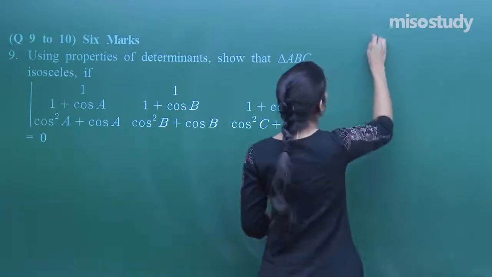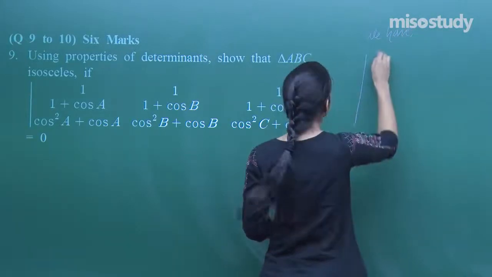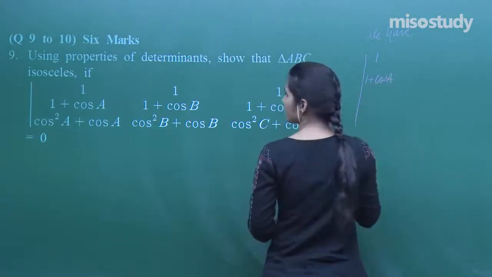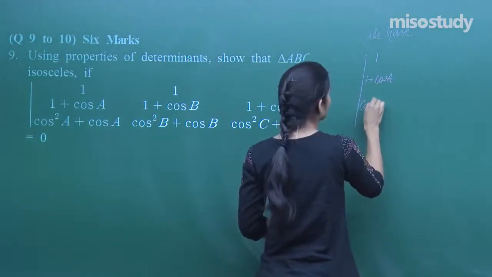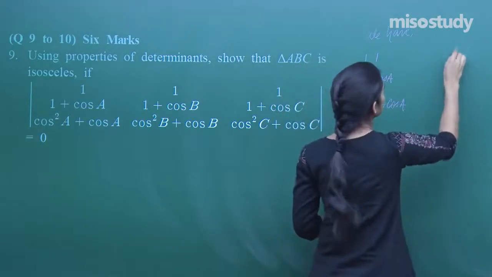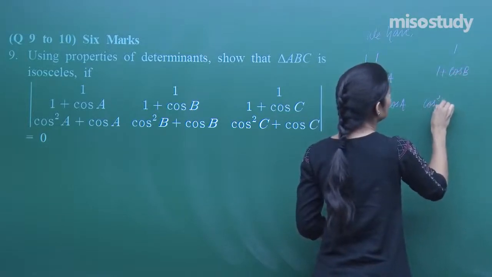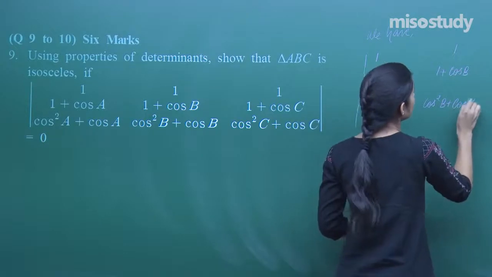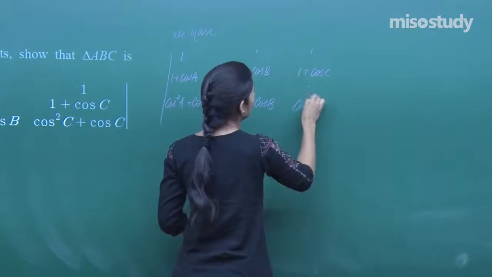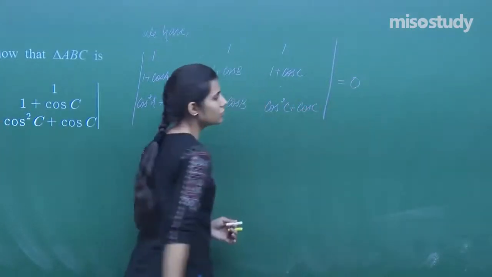So we have, this is a very nice determinant, it is 1 plus cos A, and then you have cos square A plus cos A, cos square A plus cos A. Then you have 1 plus cos B, cos square B plus cos B. Similarly, symmetrically 1 plus cos C, cos square C plus cos C. This is given to be 0.